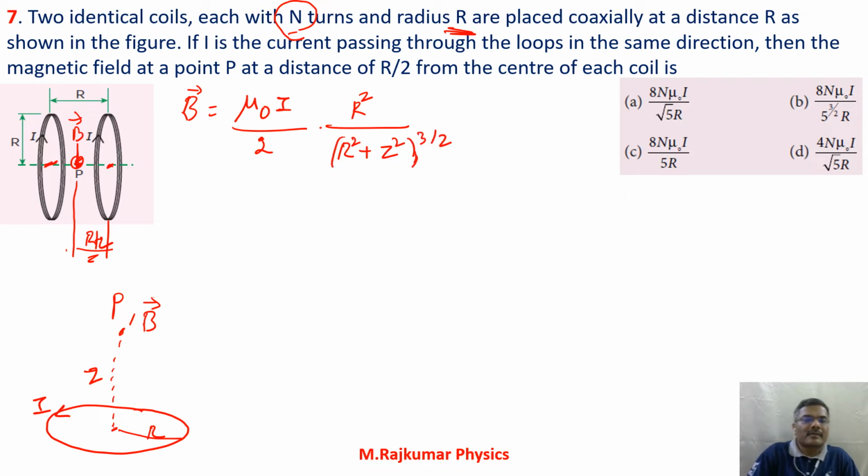This is the formula to find the magnetic field at a point at a distance z.